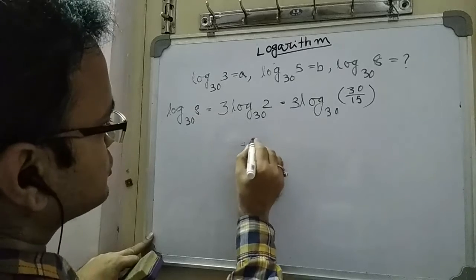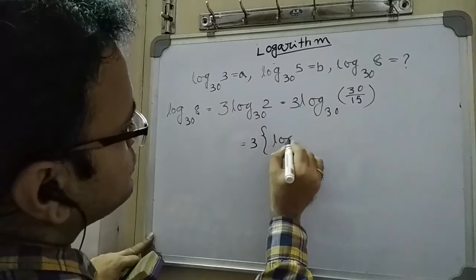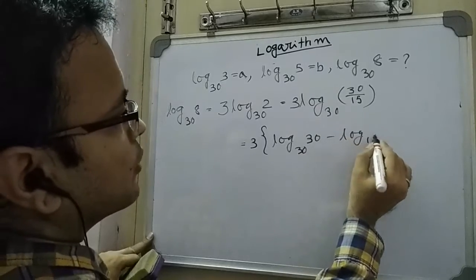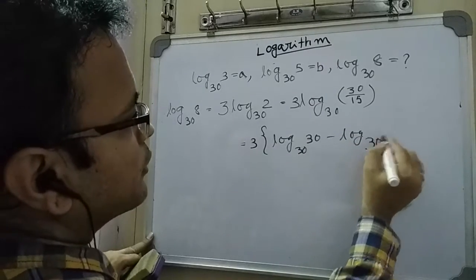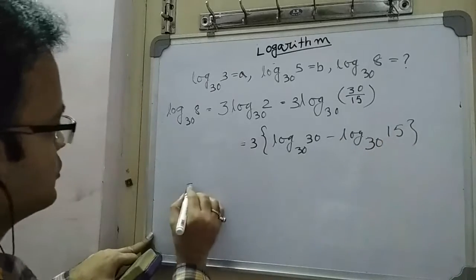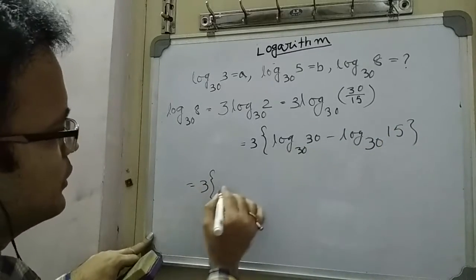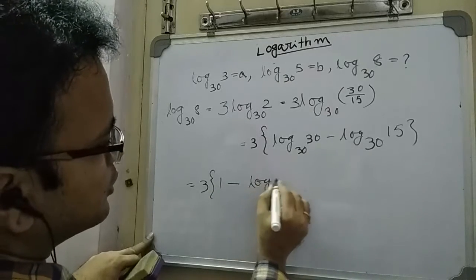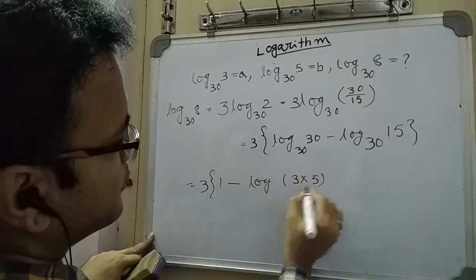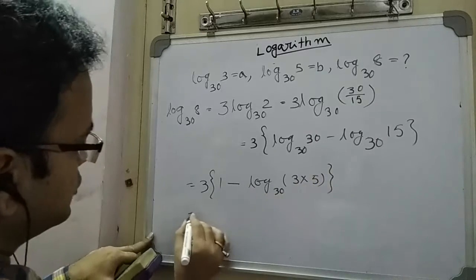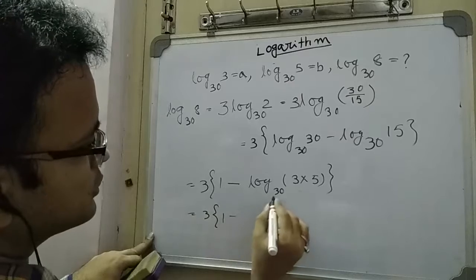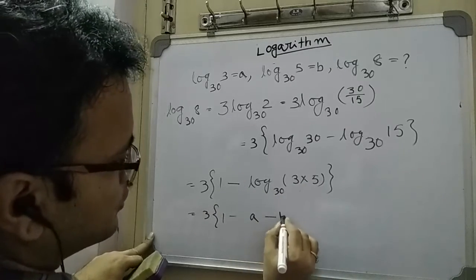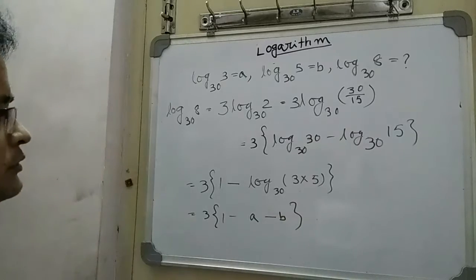So I will use this: log 30 minus log 15, log a base a 1, 15, it will be log 3 into 5. So 3 times 1 minus log 3 plus log 5. Log 3 is a, log 5 is b. So this is the answer. Okay.